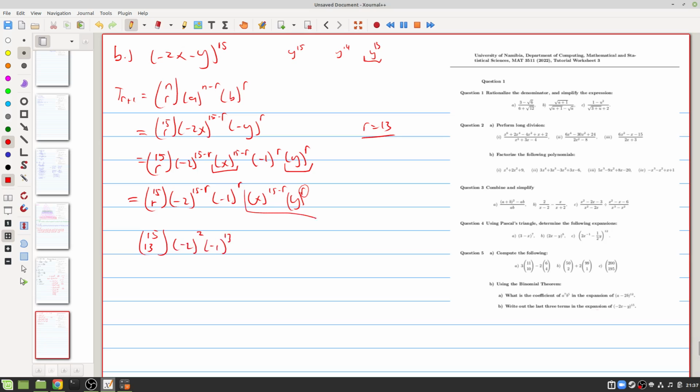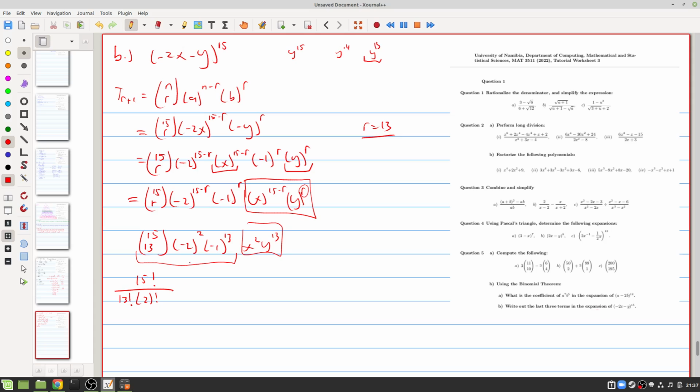And then these ones we don't really care about. There are no numbers in here. We've already split out all the numbers, so that's just going to be x to the power 2, y to the power 13. So these numbers are going to be our coefficient. So let's calculate that. For the 15 choose 13, we can again say 15 factorial over 13 factorial times 15 minus 13, which is 2 factorial.